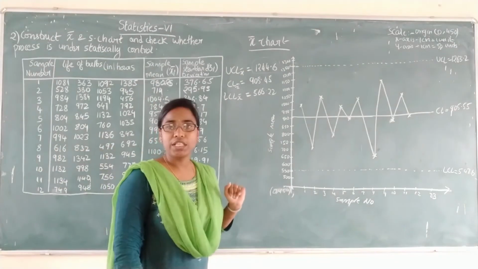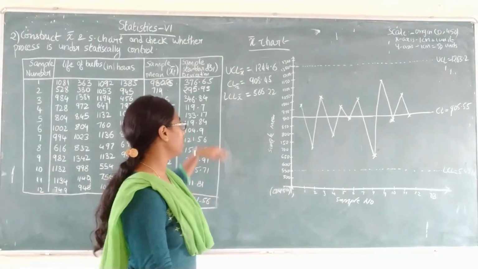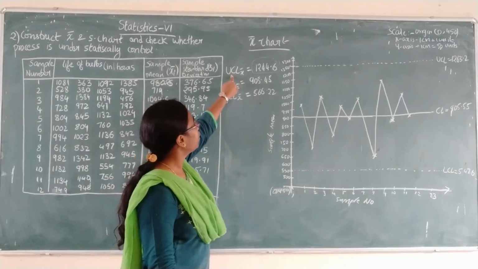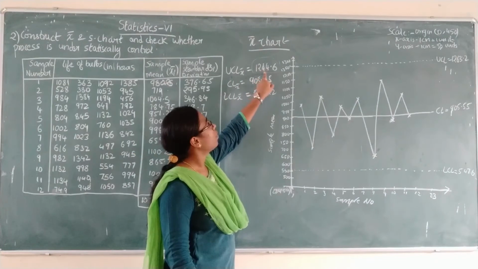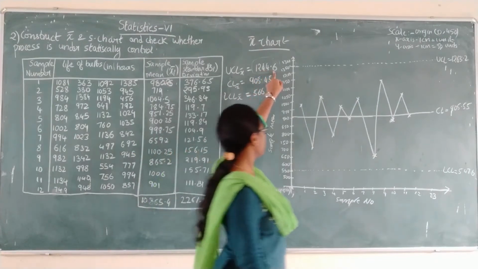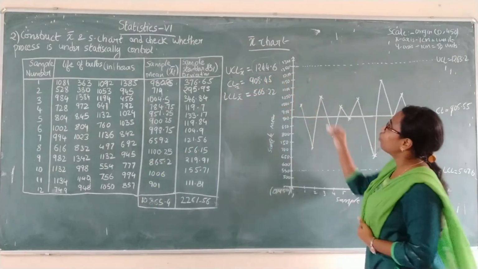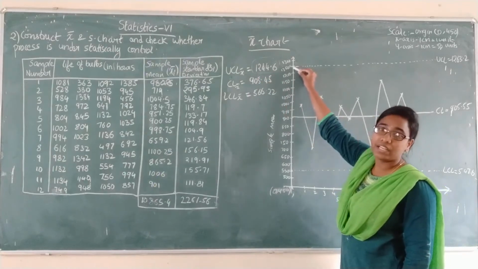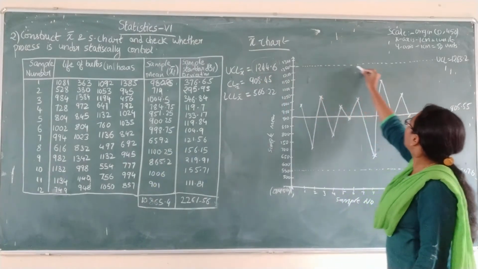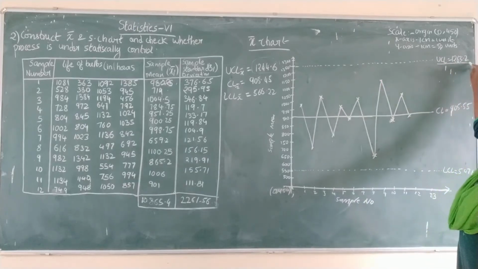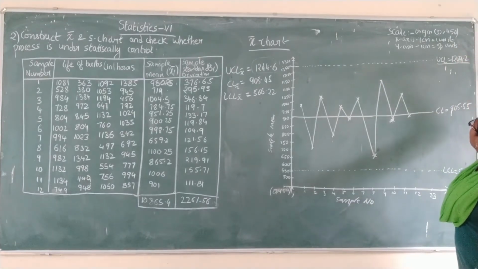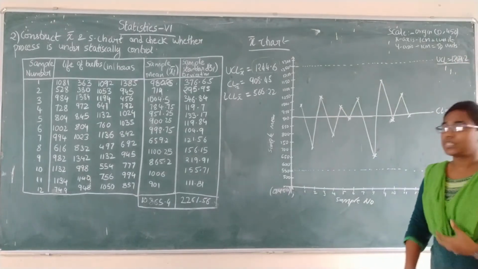Now start plotting the UCL, CL and LCL values. What is the first one we need to plot? UCL. What is the UCL value? 1244.6, which is very near 1250, right? At that place you draw a horizontal dotted line and write UCL equals 1244.6.